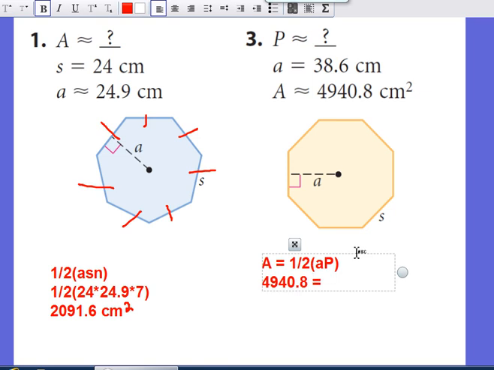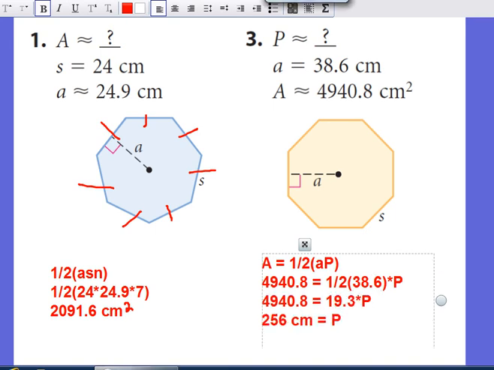We plug in, we know area, 1/2. We know the apothem is 38.6. And then we're trying to find the perimeter. It's times the perimeter. So we solve for perimeter. We do 1/2 times 38.6, and we divide that answer.